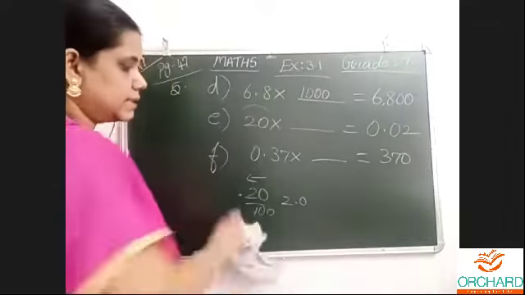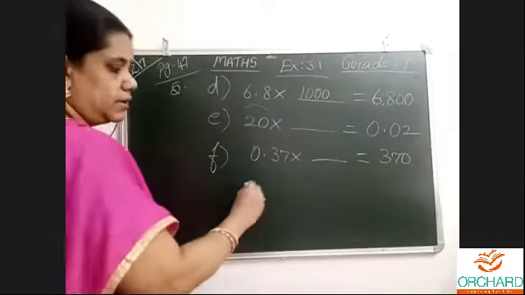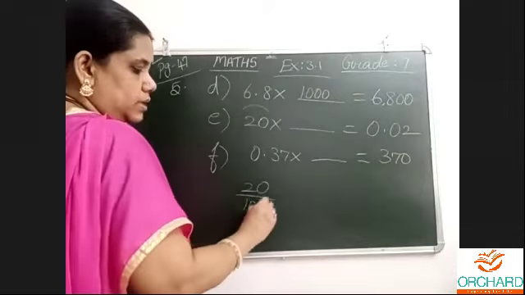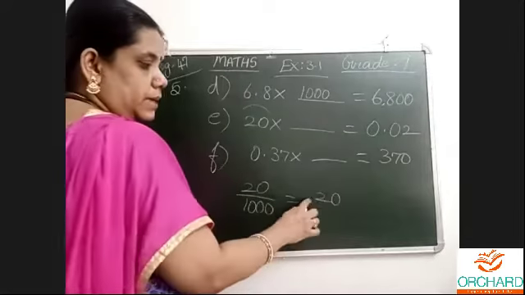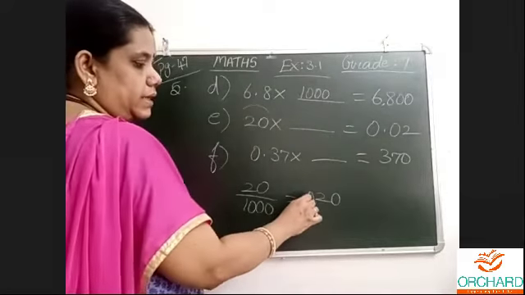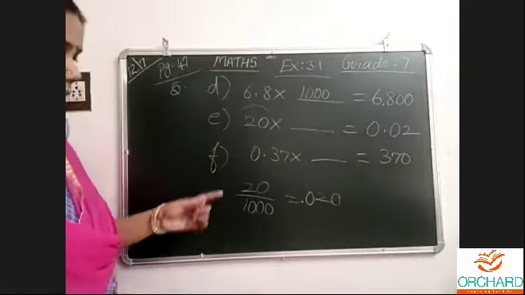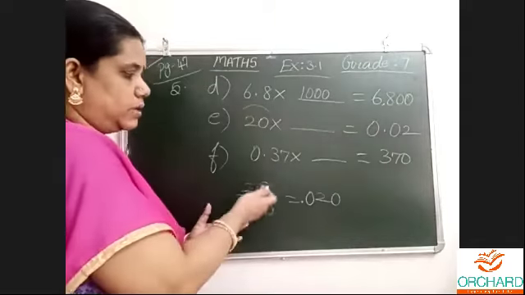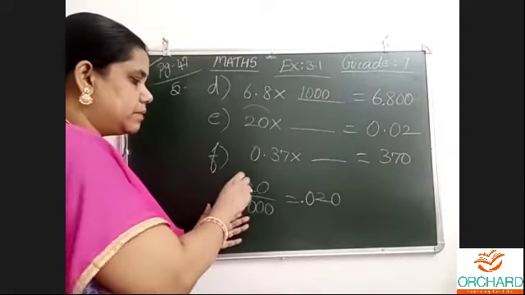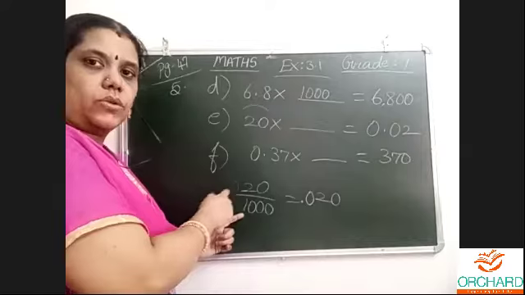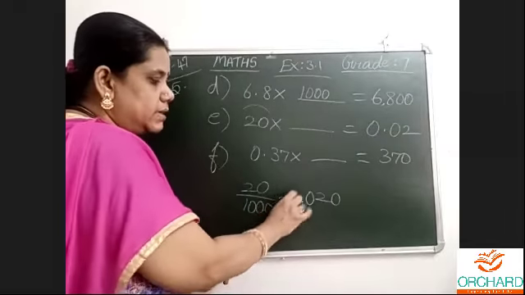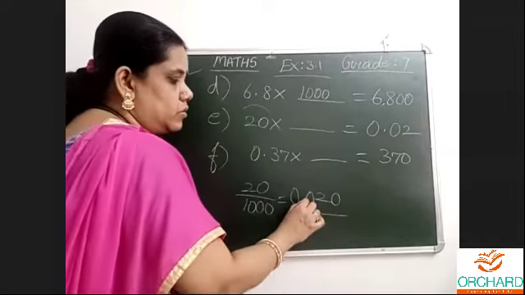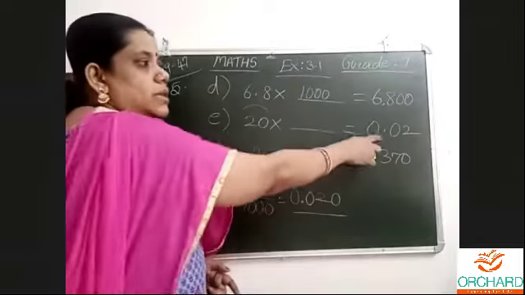How is it? See here, 20 by 1000. 1, 2. A number is not there and a point. 1, 2, another number not there. 0, and before that a point. So it is read like 0.020. This is what they gave.